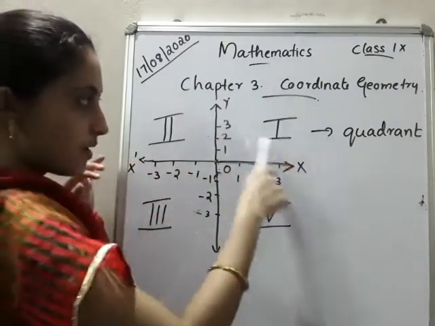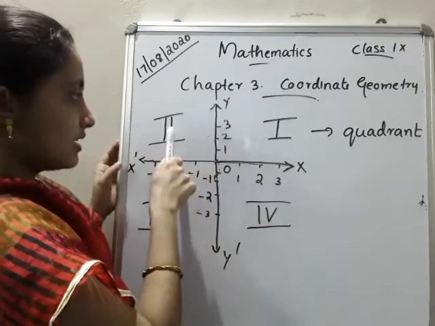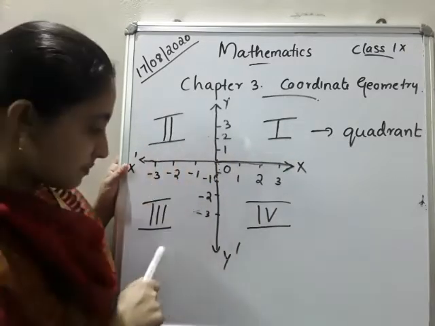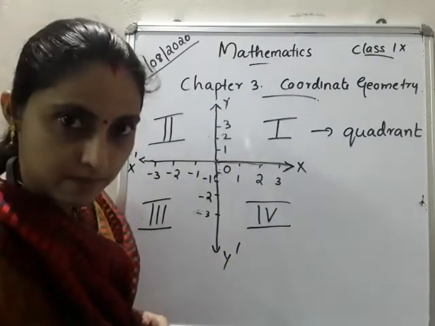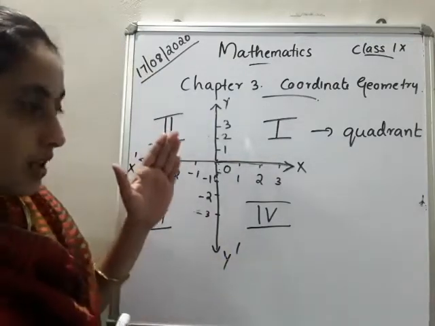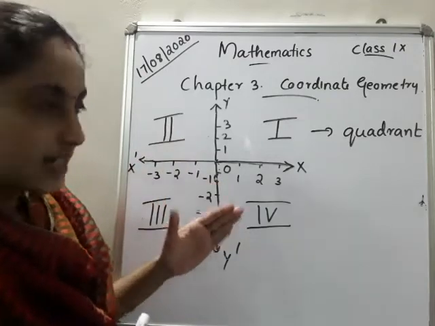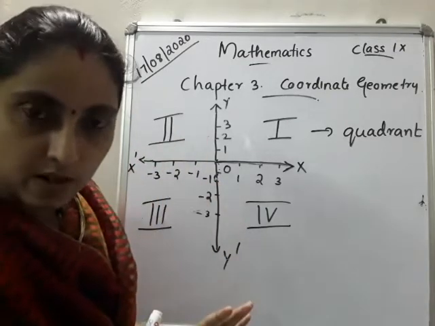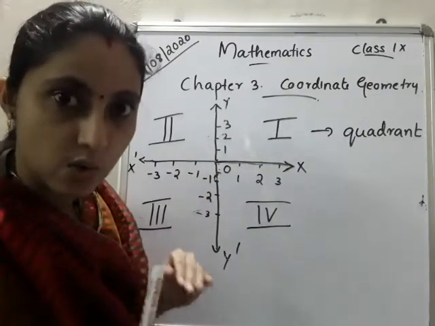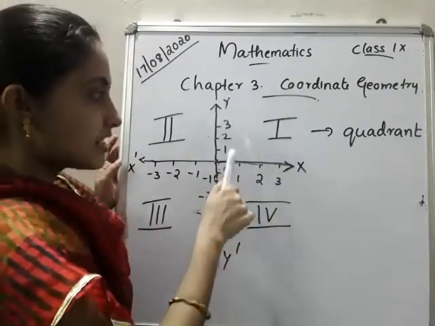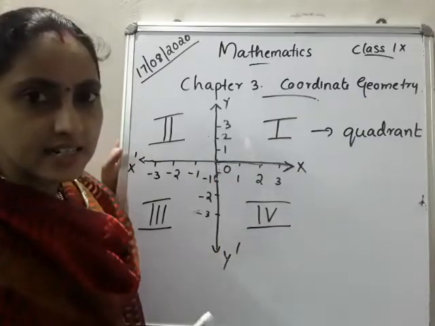So this is the first quadrant, this is the second quadrant, this is the third quadrant, and this is the fourth quadrant. Hope you are clear up to this. We divide the plane into 4 equal parts, and each part is termed a quadrant.